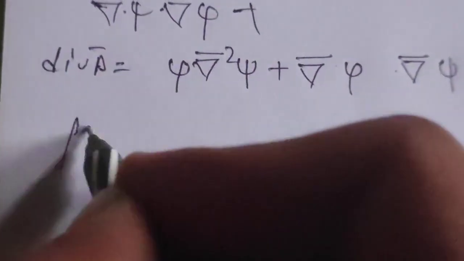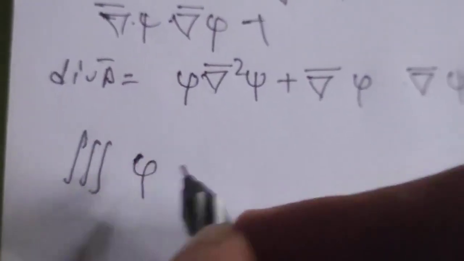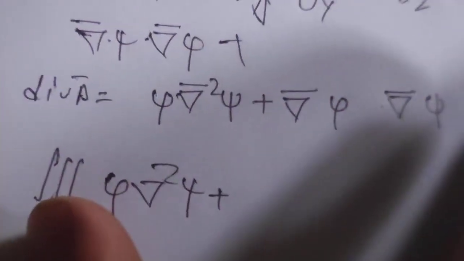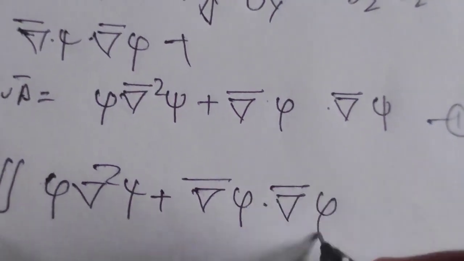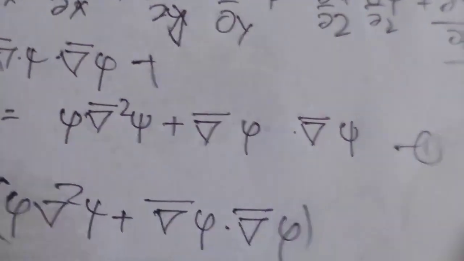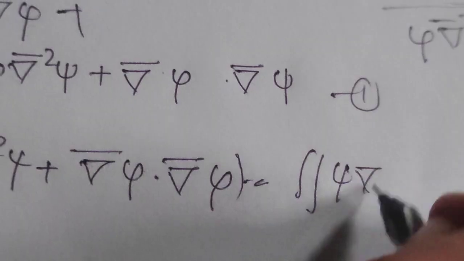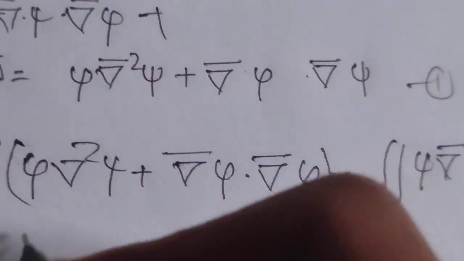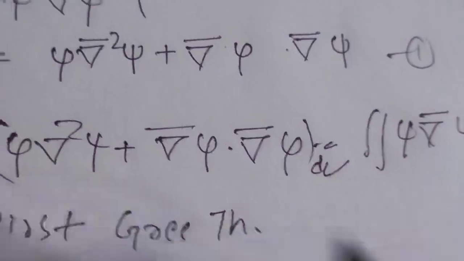Equation 1 is the triple integral of divergence of A, which is phi del square psi plus gradient phi dot gradient psi, equal to the surface integral of A, which is phi gradient psi dot ds, and here it is dv. So this is the first form of Green's theorem, our equation 1.